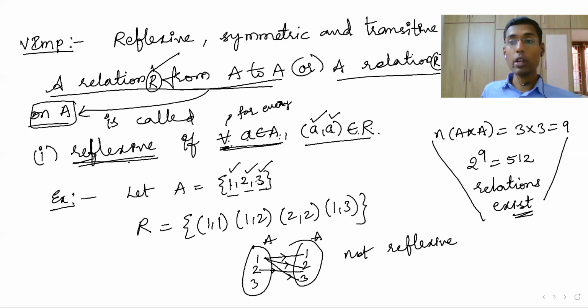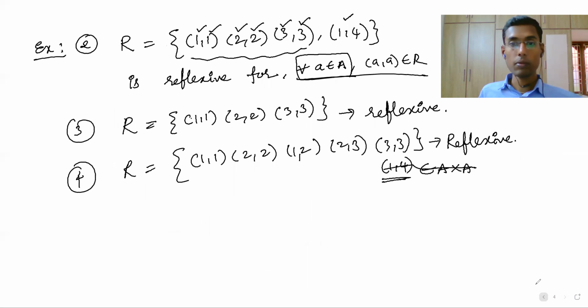Extra elements are there, that's all right. But these minimum 3 images must be there. Hope you got it, right? Yes. Good. So, chalo, then we'll go to symmetric.